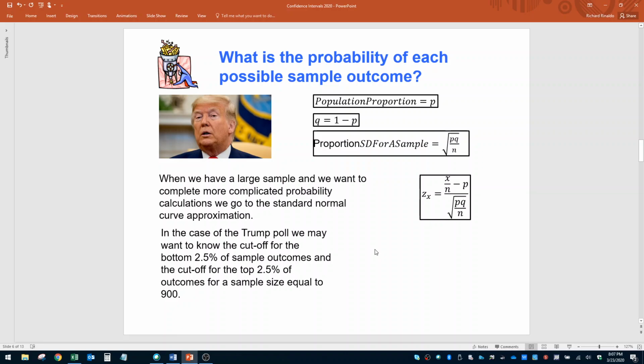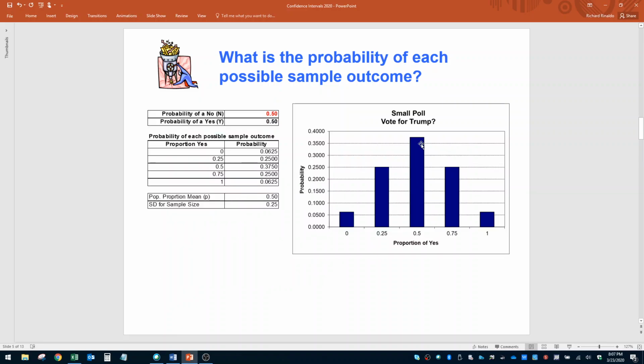Tell me the probability of outliers that are in the top 2.5%. And it follows this here, but it's just expanded out from 0, 1, 2, 3, 4. It'd be 0 out to whatever these proportions are, out of 900. And I want to know from that big normal curve, what's the cutoff for the bottom 2.5%? What's the cutoff for the top 2.5%?